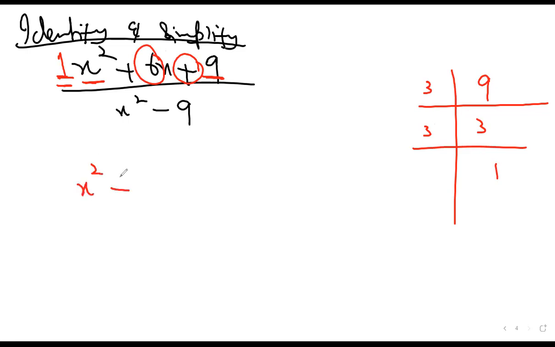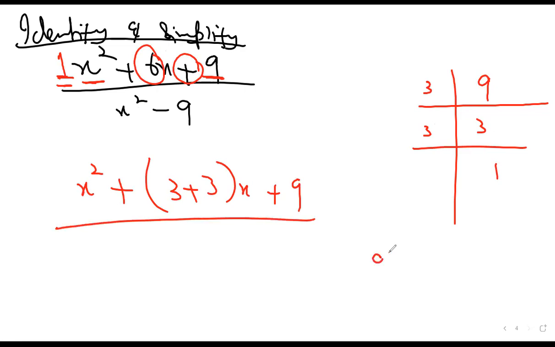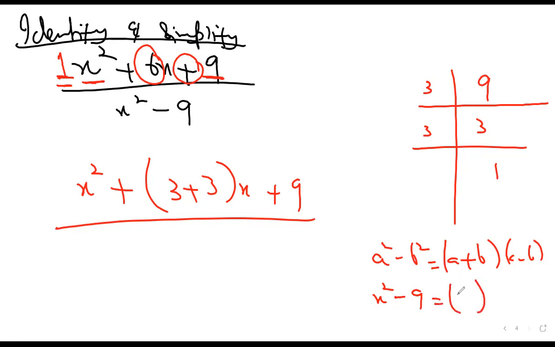We will write it down as x^2 + 3x + 3x + 9. And then we know that according to the formula a^2 - b^2 = (a + b)(a - b), we can write the denominator in simplified form like this: (x + 3)(x - 3). You need to identify it's rational, and we are doing the simplification as well.